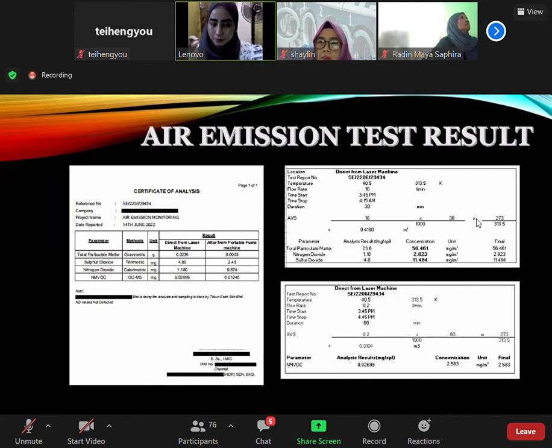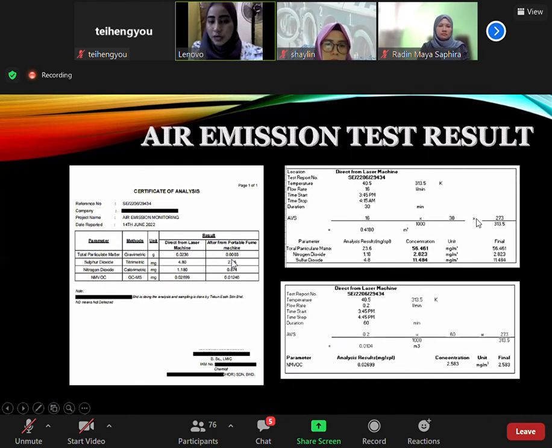So bila dia laser tu dalam satu mesin, dia akan keluarkan gases yang sangat banyak sebab dia macam satu pembakaran lah, sebab laser kan panas kan. So dia kena dekat satu macam kain ke apa, dia macam terbakar. So jadi dia punya result dia 0.0236 gram.